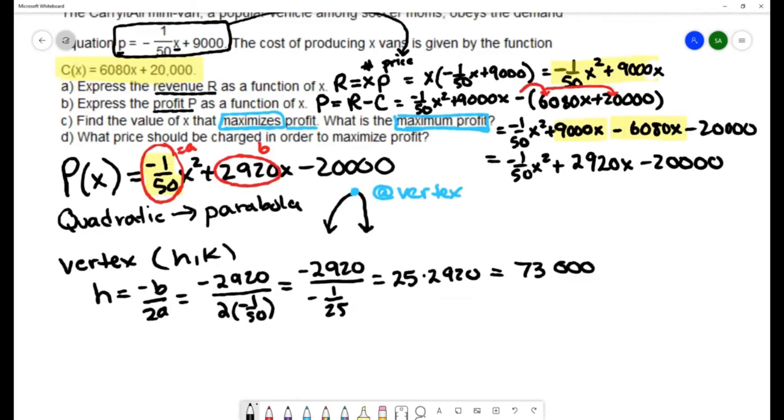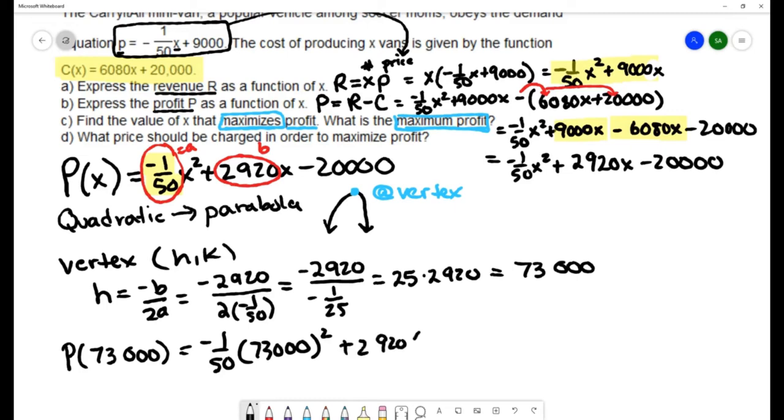Then we want to find what the maximum profit is, so we're going to substitute that 73,000 into the profit function. We get negative 1/50th times 73,000 squared plus 2,920 times 73,000 minus 20,000.